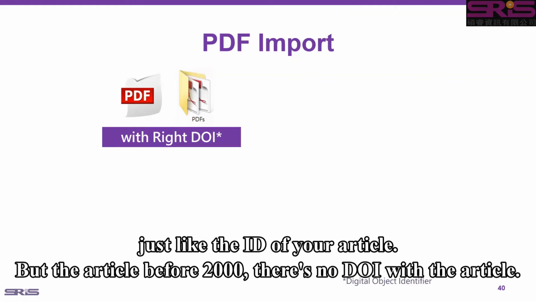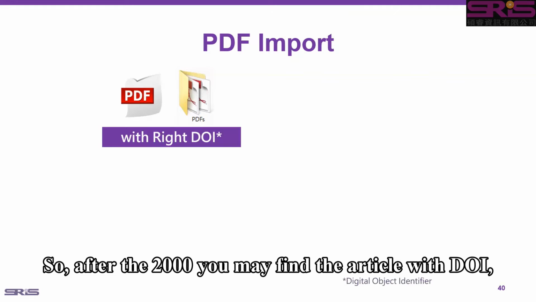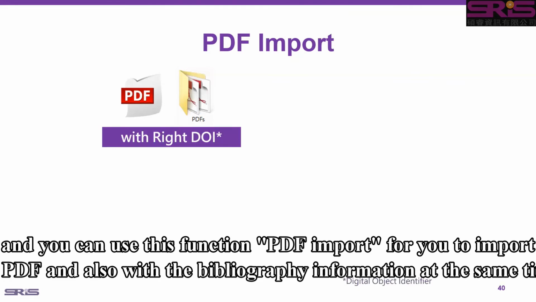Articles before 2000 have no DOI, so for articles after 2000, you may find a DOI, and you can use this PDF import function to import the PDF together with the bibliographic information.